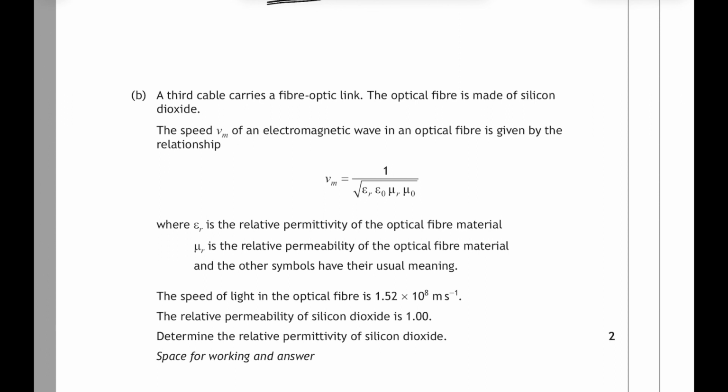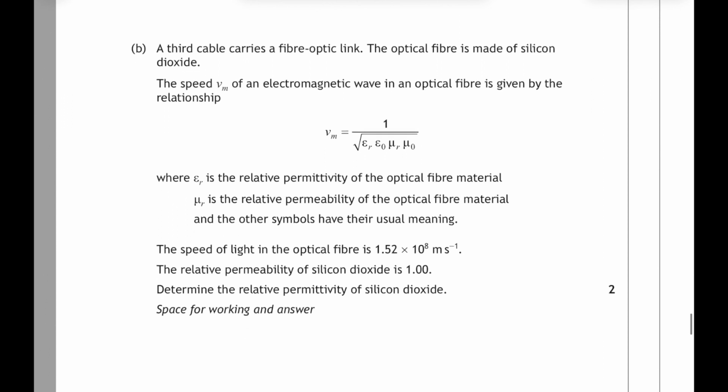Okay, 15 part B. A third cable carries a fibre optic link, and the fibre optic link is made of silicon dioxide. And the speed Vm of an electromagnetic wave in an optical fibre is given by the relationship. And then we've got this relationship which we've never seen before, although there is something similar to it on your relationship sheet.